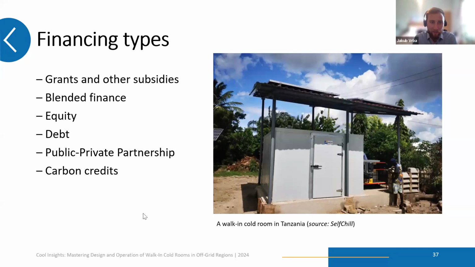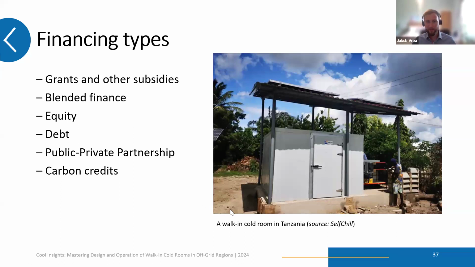Again, it is still quite a nascent sector, so the vast majority of cold rooms deployed to date have been supported either through grants or leverage some sort of blended finance instruments to de-risk investment for the private sector.